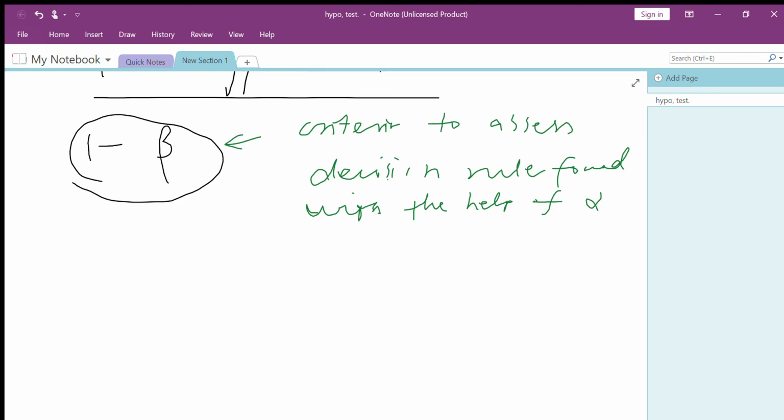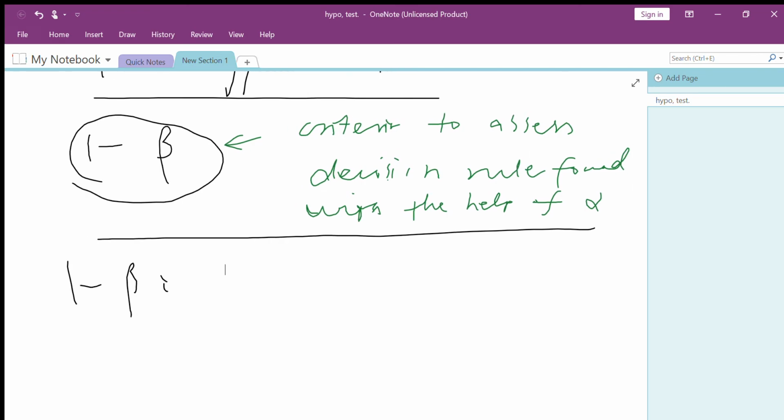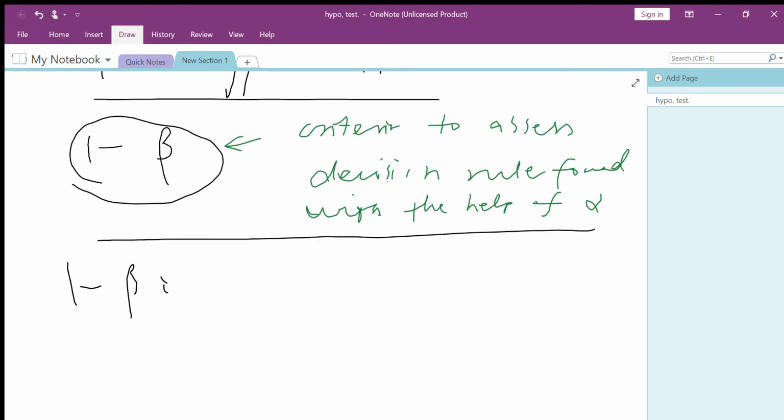So let's put it formally. What is 1 minus beta? 1 minus beta has a specific name in statistical theory. It is called power.